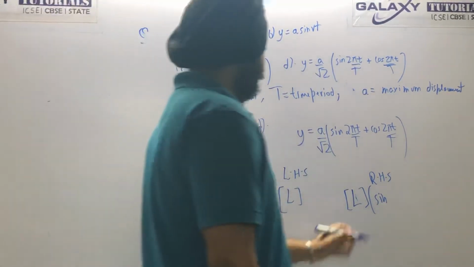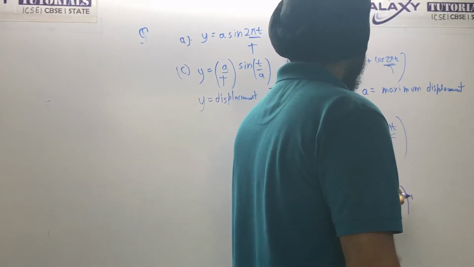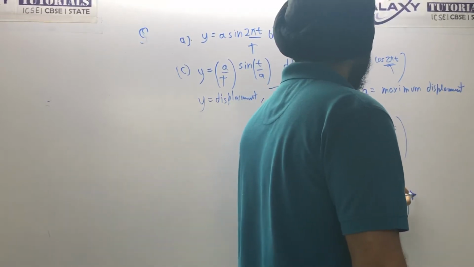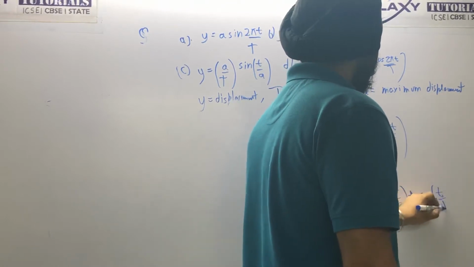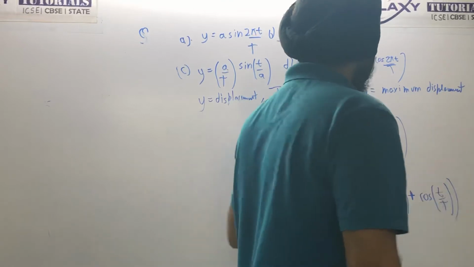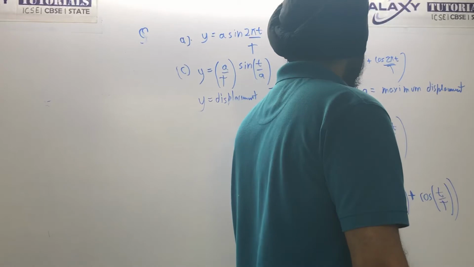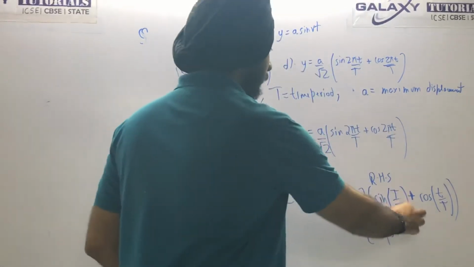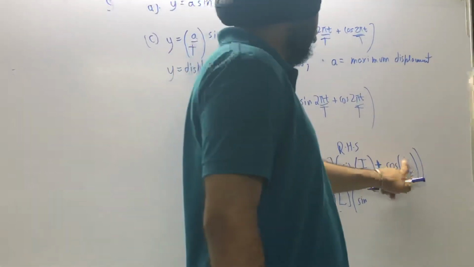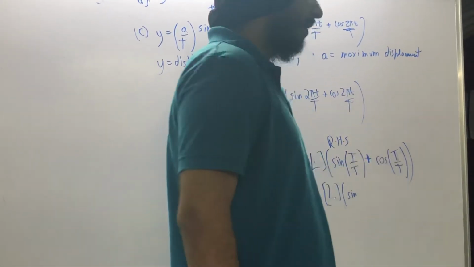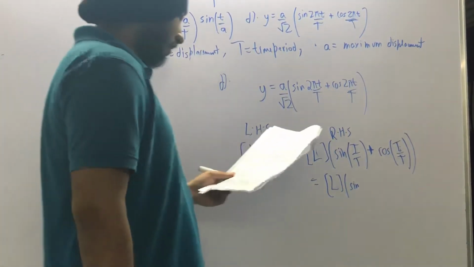Then t upon T plus cos again small t upon capital T. Both small t and capital T have the same unit, time.